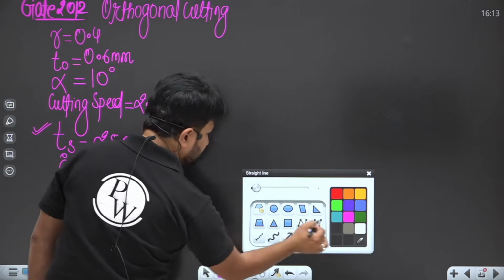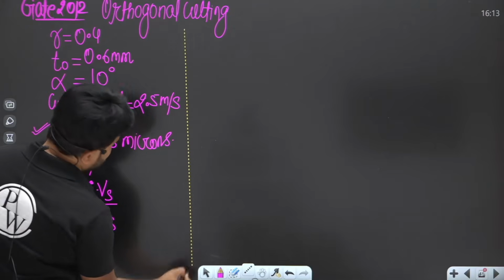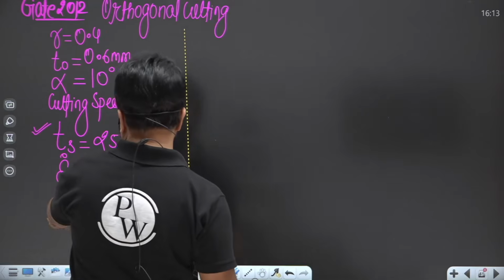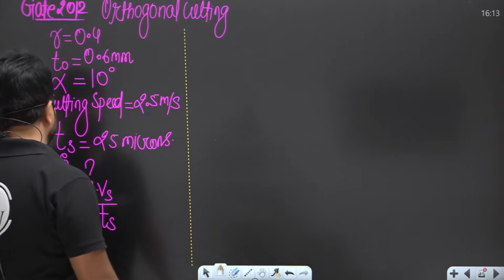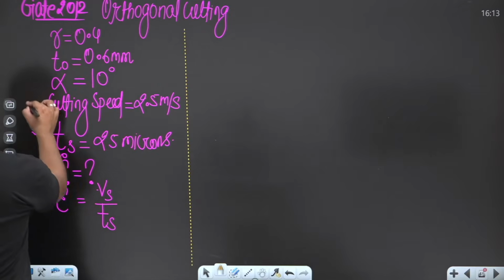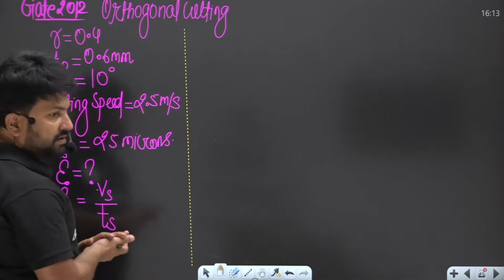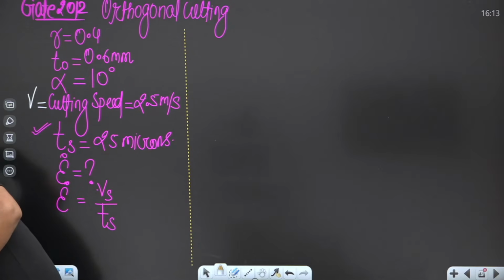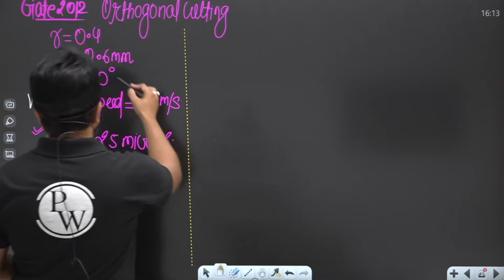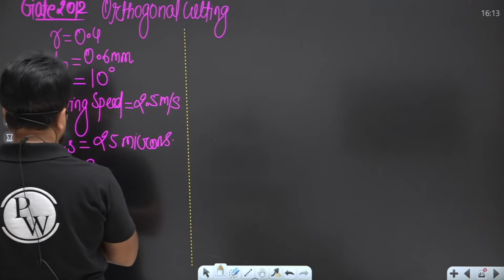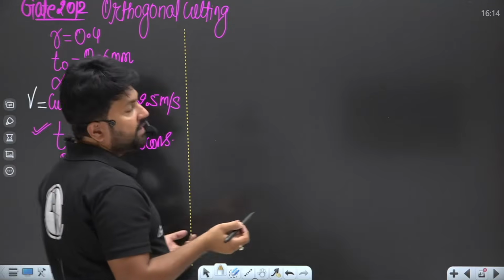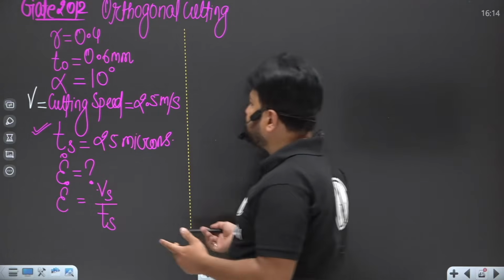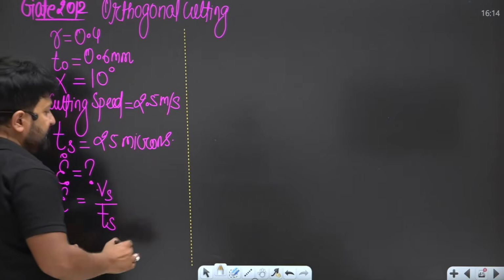For Vs, you know the value of the cutting speed V, and you know the values of R and alpha. By applying the triangle relation, you can find the value of Vs.